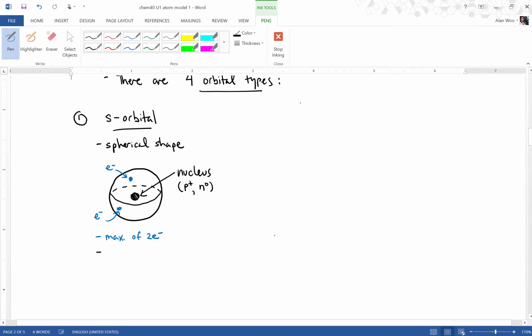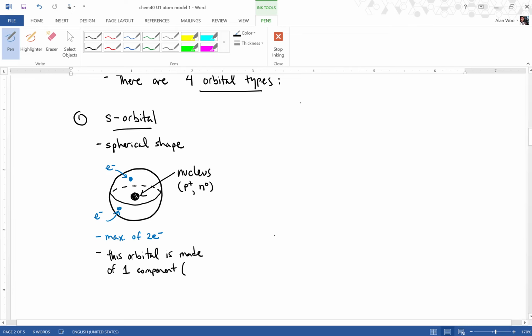Another thing to point out right now is that this sphere, this orbital, is made up of one component. So this orbital is made of one component.